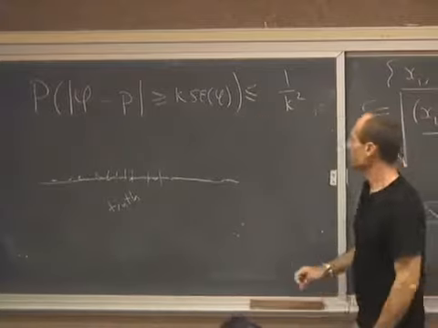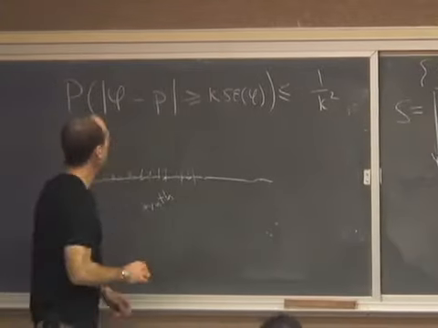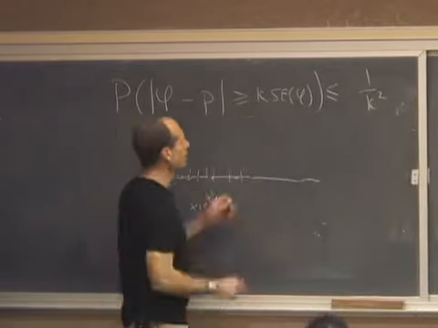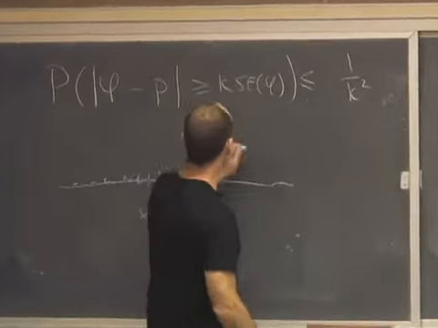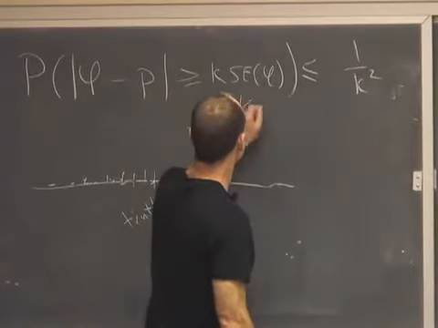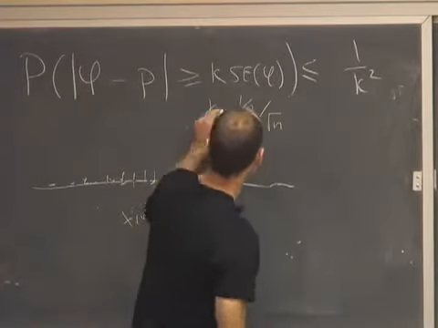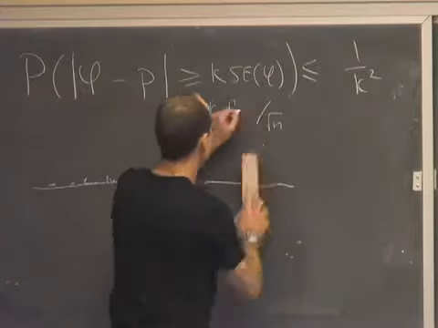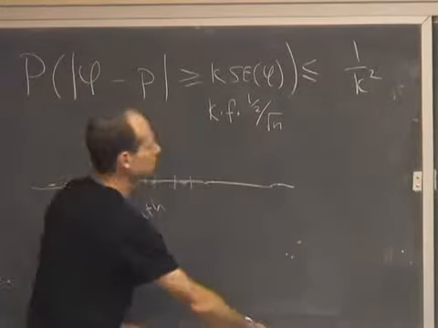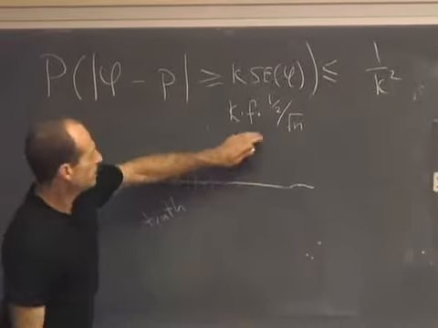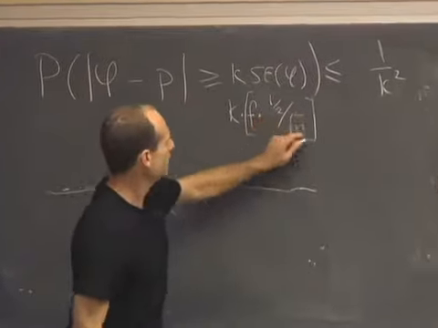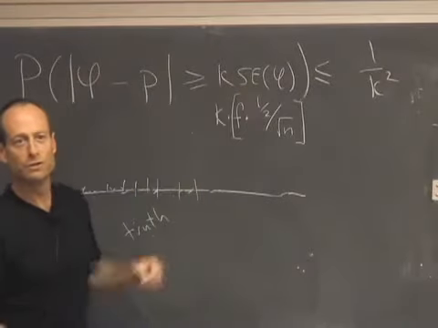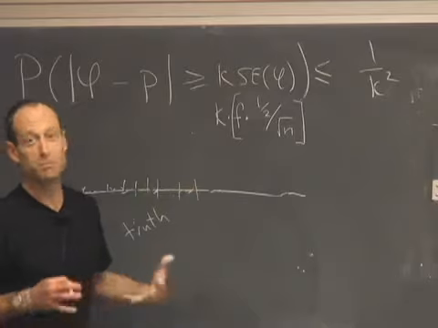So the chance that they differ by more than k SEs is no bigger than that. What's the chance they differ by more than k times a half over root n? Let's put an f in here for grins. Is this number, f times a half over the square root of n, bigger or smaller than the standard error of the sample percentage? It's at least as big, if not bigger.